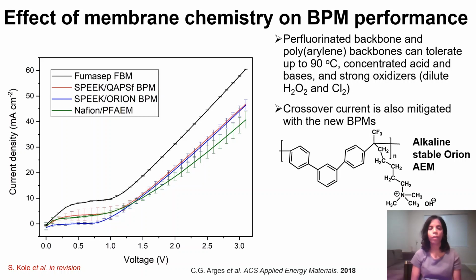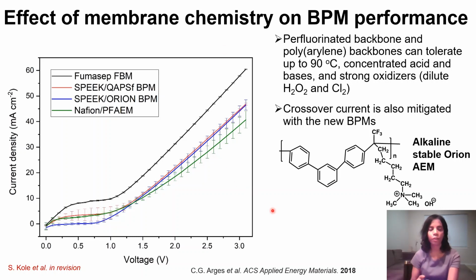Finally, the effect of membrane chemistry on BPM performance was also studied. Apart from the SPEAK QAPSF bipolar membrane, I also prepared SPEAK Orion BPM. Orion is simply an alkaline stable AEM that was purchased commercially. Apart from that, I also made an all perfluorinated Nafion and PFAEM bipolar membrane.